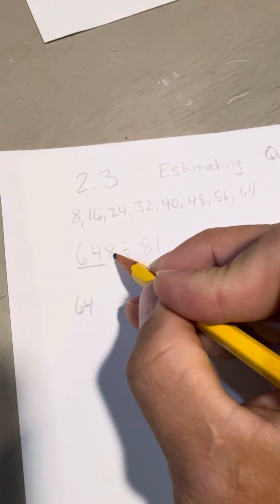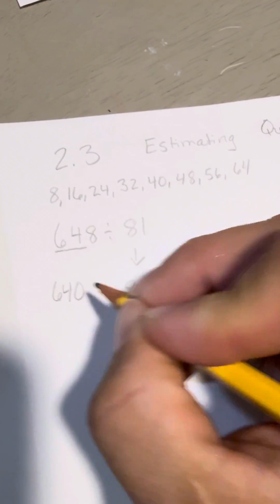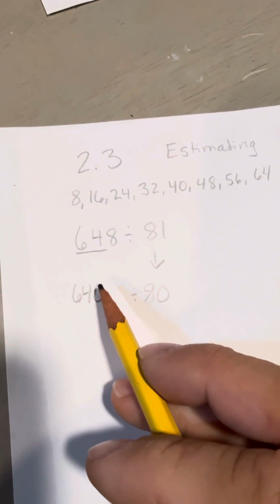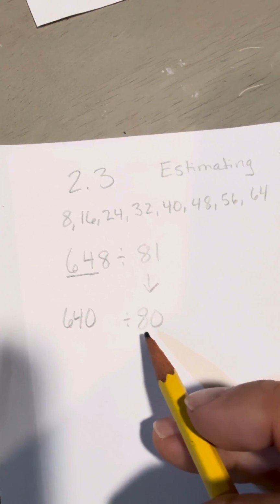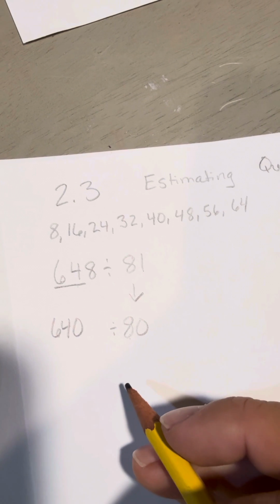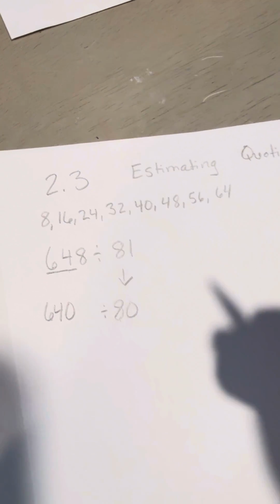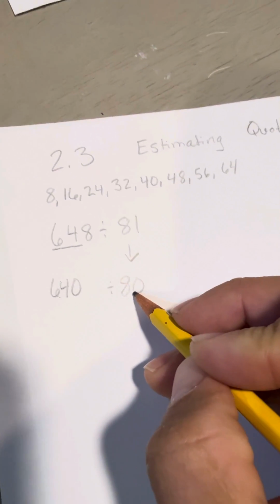I take this 8 that we did not have underlined, and I change it to a 0. So we have found a close and compatible number to our original, and I use the multiples of 8 because that's what I had over here in this number. Now I'm set up with 640 divided by 80, and this is an easy problem.